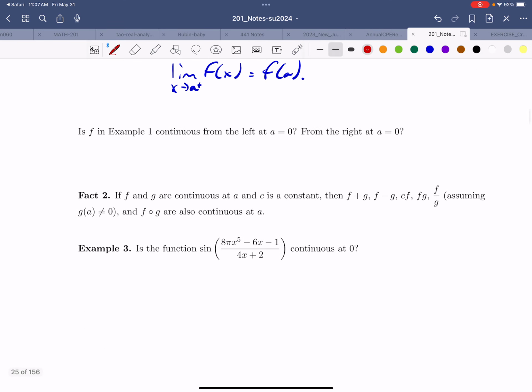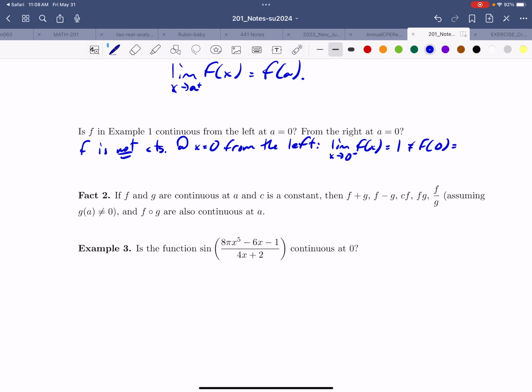So let's just jot that down. f is not continuous at x equals 0 from the left. Why is that? Because the limit as x approaches 0 from the left of f of x equals 1, which does not equal f of 0, which equals 0.